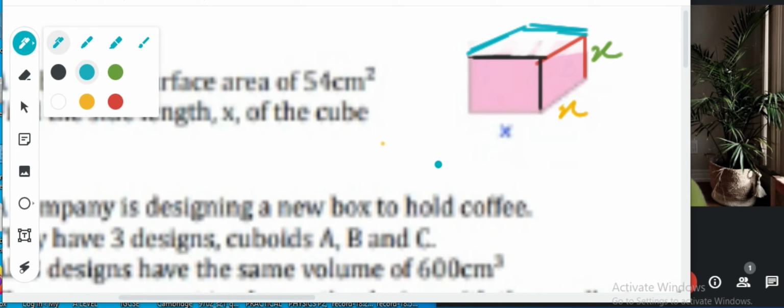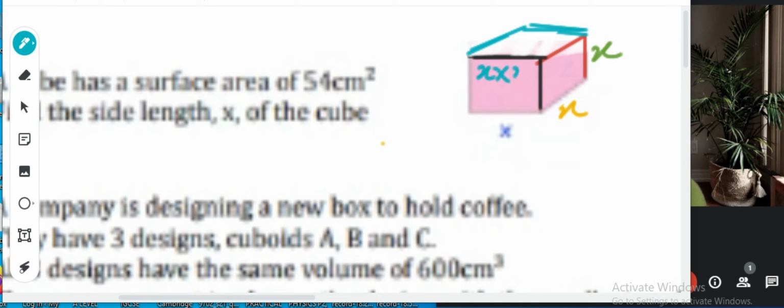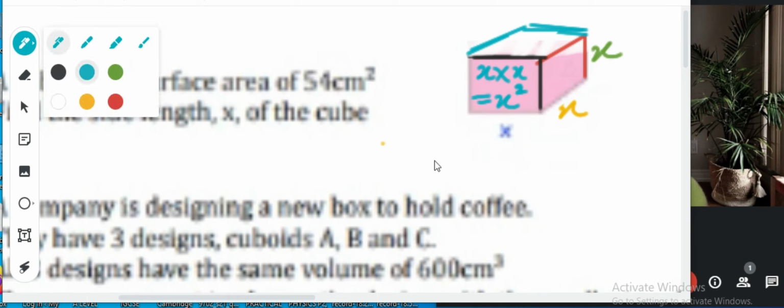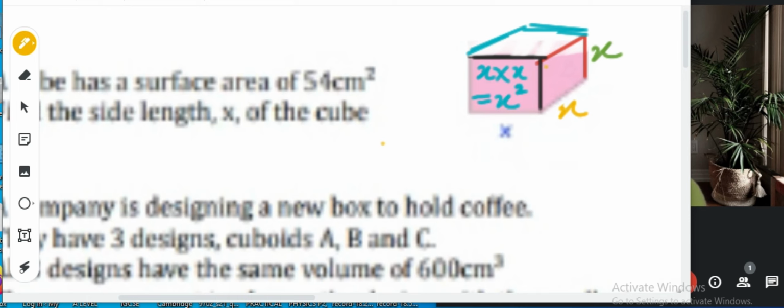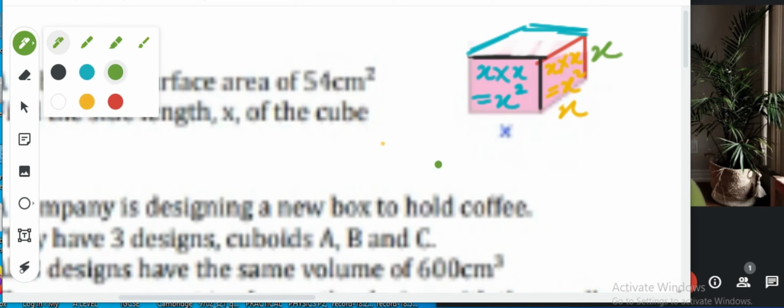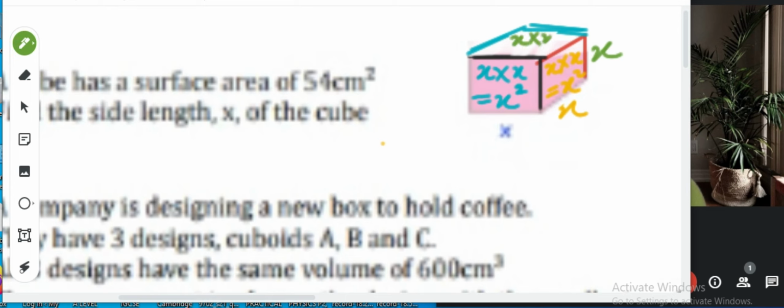I'll write it in blue. x times x, which is x squared. For this face, this is x times x, which is also x squared. This other face at the top is x times x, which is also x squared.